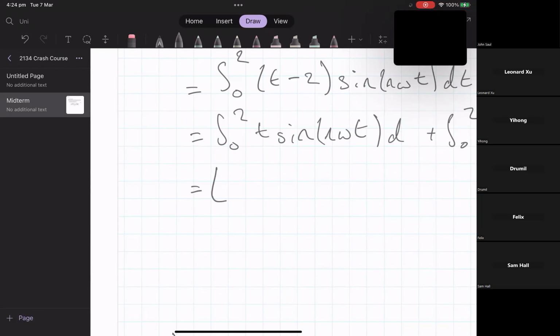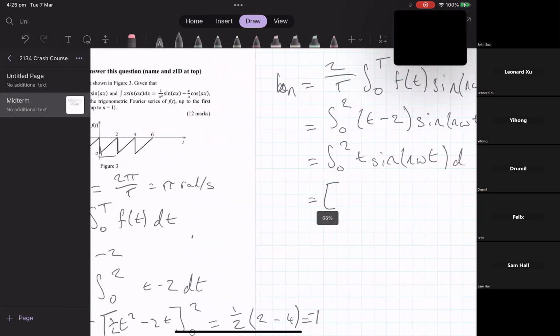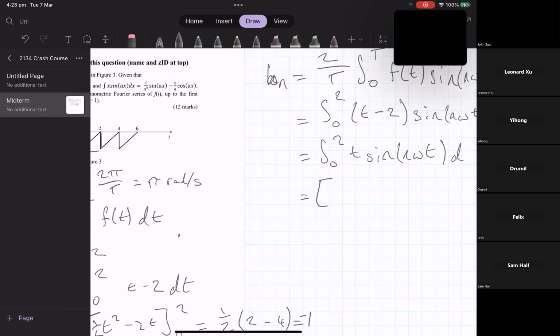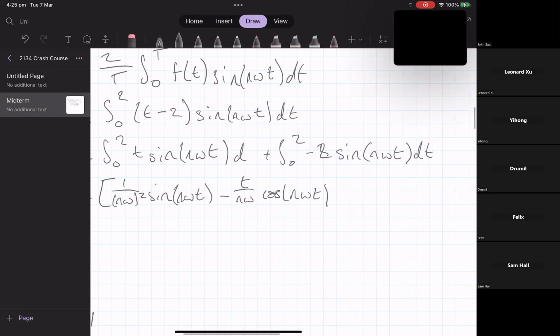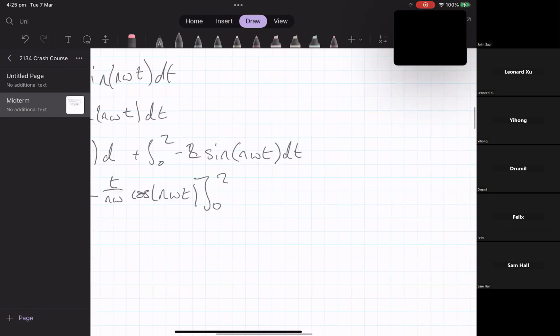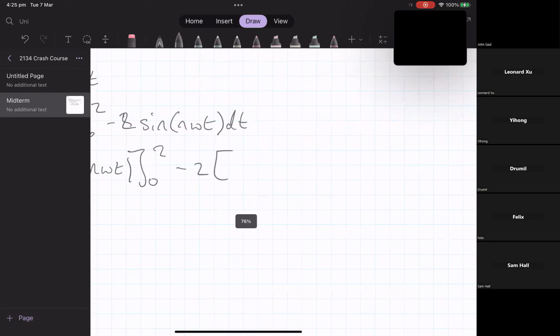Simply applying that, we have 1 on n omega squared, because n omega is a in that formula, minus x, which is t, on n omega, plus, and for this one, it's just normal integration.